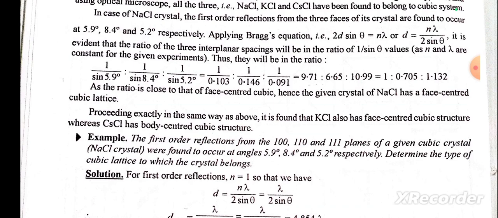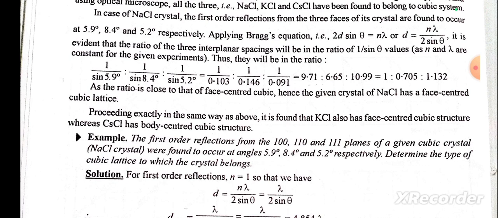Applying the Bragg equation, 2d sin theta is equal to n lambda, it is evident that the ratio of these three interplanar spacings will be in the ratio of 1 by sin theta, where the values of n and lambda are constant for the given experiment.